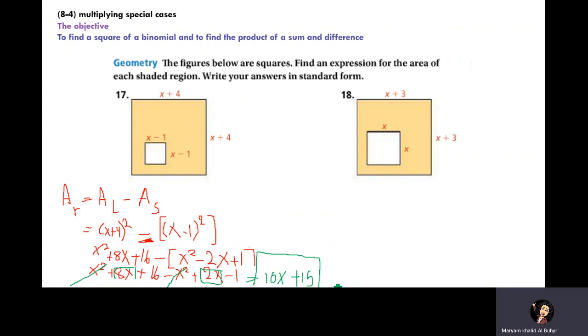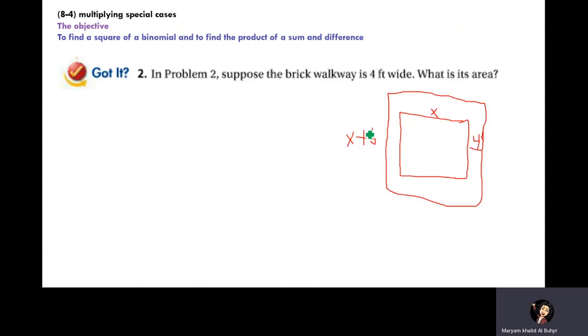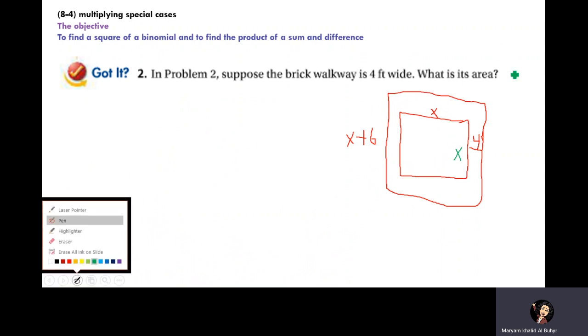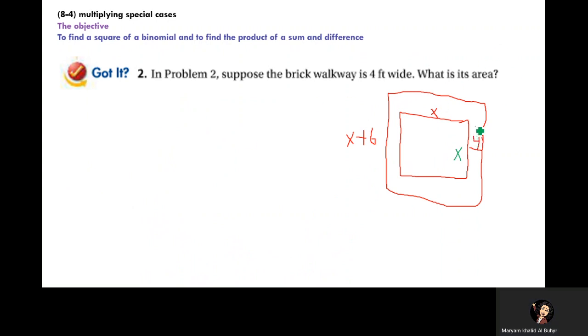So for the previous one, let me go back to this one. That's what they gave us in the previous problem, but they said this walkway was a 3. What if this one is 4?